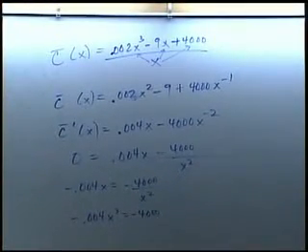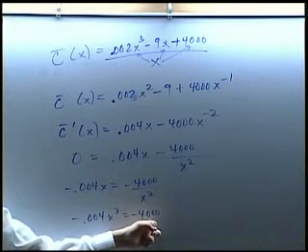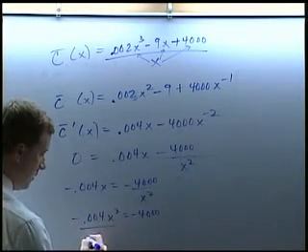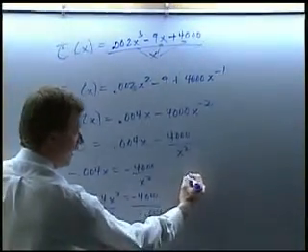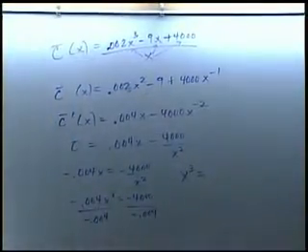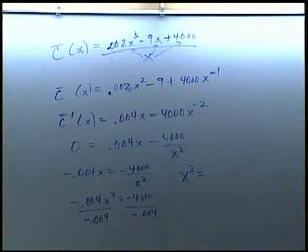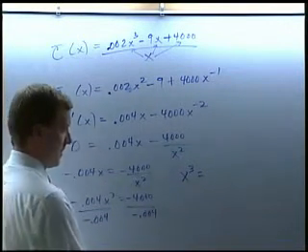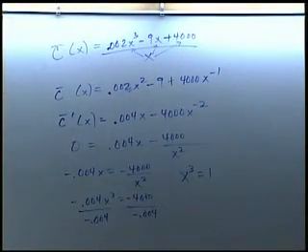Next, divide off the negative 0.004, right? And let's go ahead and get that number here. I could probably figure it out if I thought about it, but I'll let you do it. What's negative 4,000 divided by negative 0.004? 1 with how many zeros? 6 zeros?